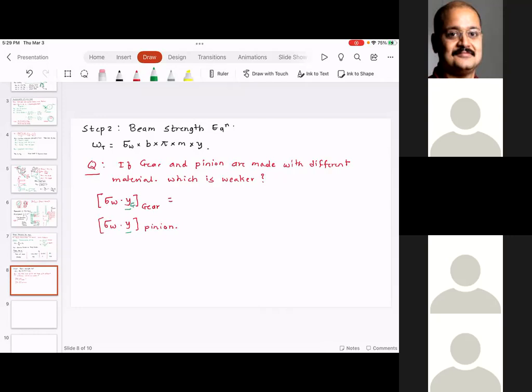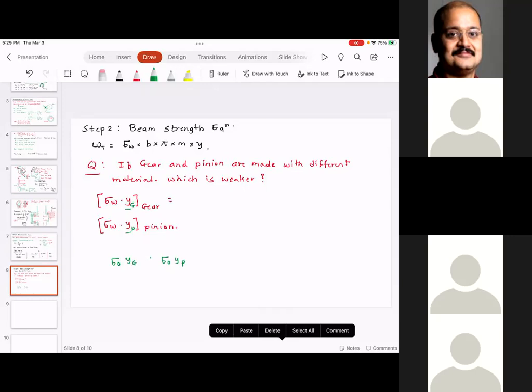This will be Y of G and this will be Y of P. And sigma W is proportional to sigma O, so we want to find out sigma O YG and sigma O YP.